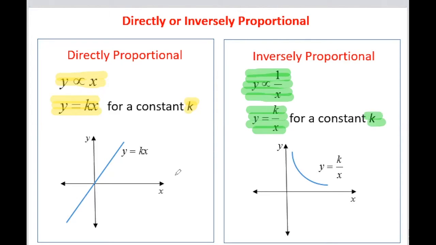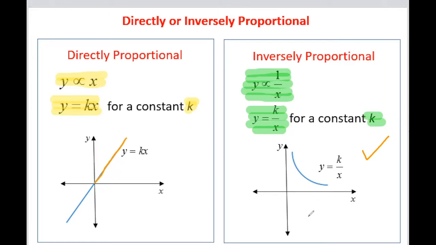You can also see how the graph of a directly proportional relationship and an inversely proportional relationship would look. As the value of x increases for this graph, the value of y also increases gradually. So this is direct proportion. Whereas in this case, as the value of x increases in this graph, the value of y decreases.